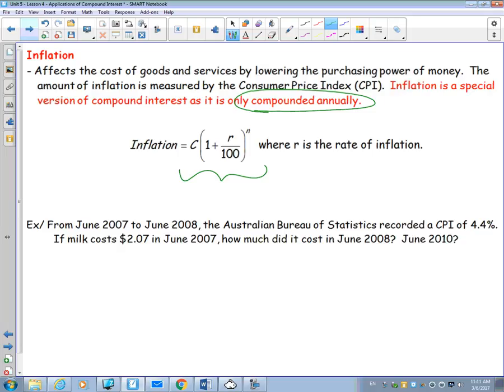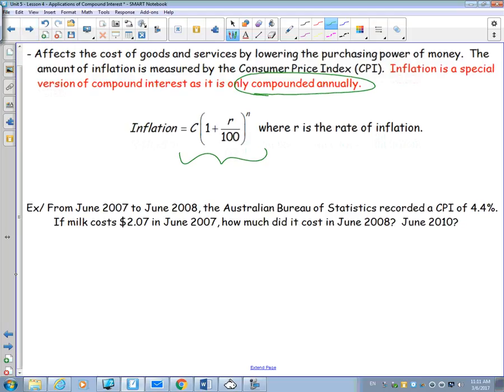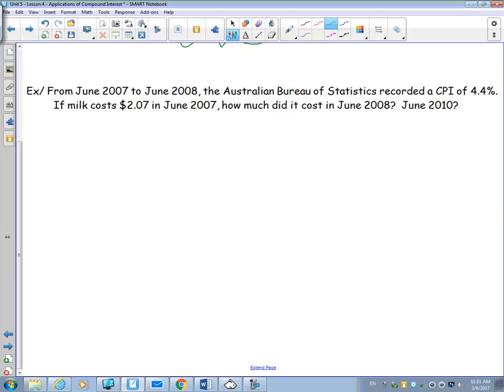So from June 2007 to June 2008, the Australian Bureau of Statistics recorded a CPI, Consumer Price Index, of 4.4%. If milk costs $2.07 in June 2007, how much did it cost in 2008 or 2010? So our inflated value, if you will, takes our principal, 1 plus our rate, 4.4%.